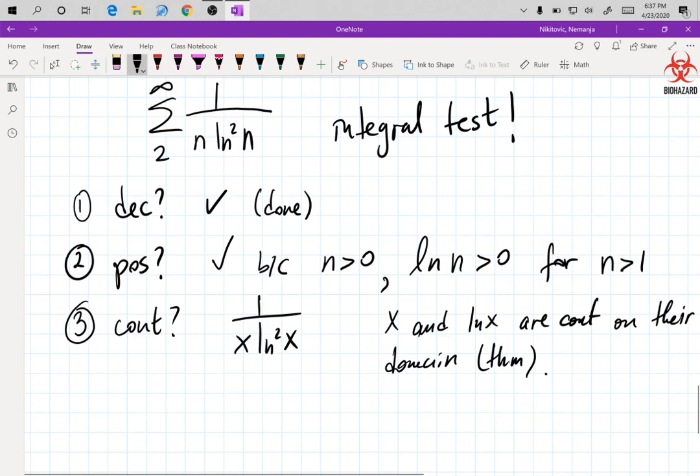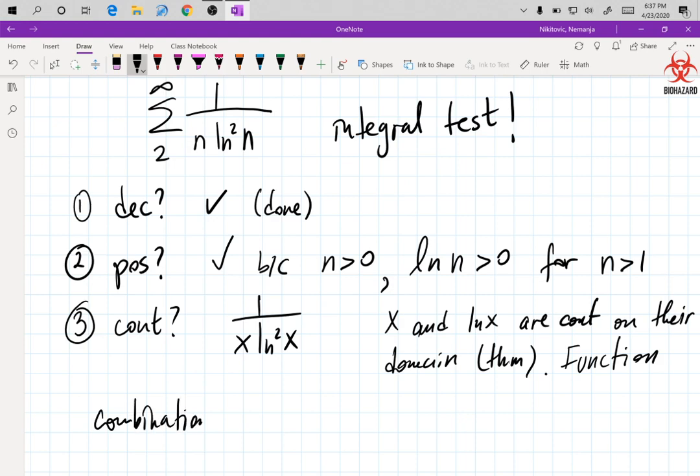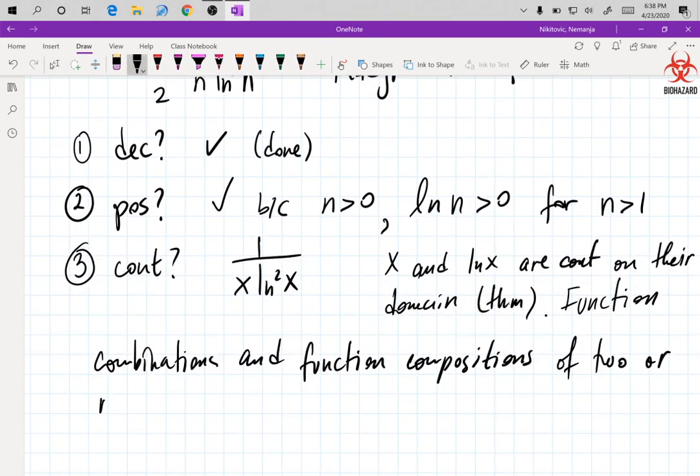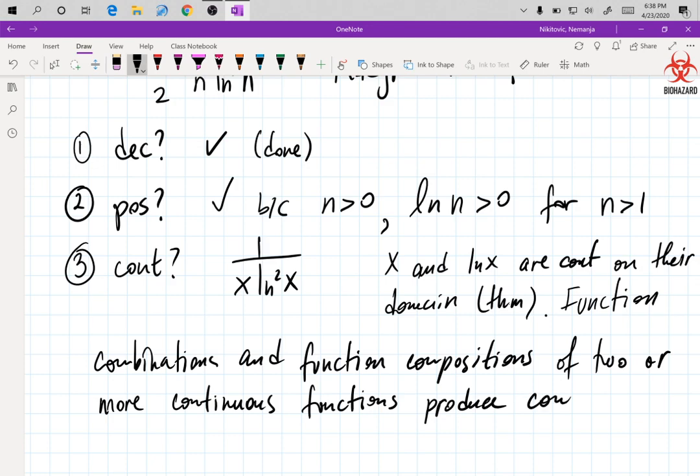And then we say function combinations and function compositions of two or more continuous functions produce a continuous function.